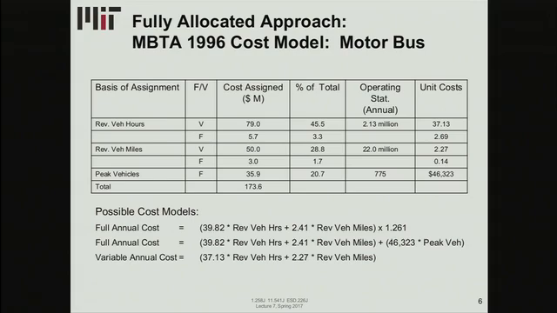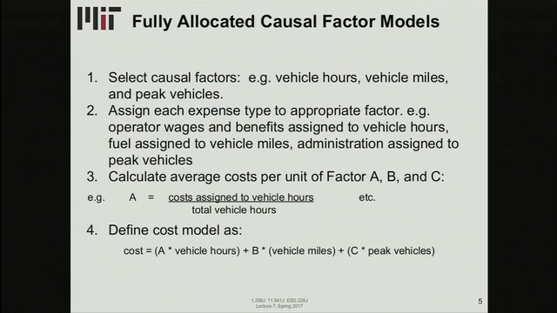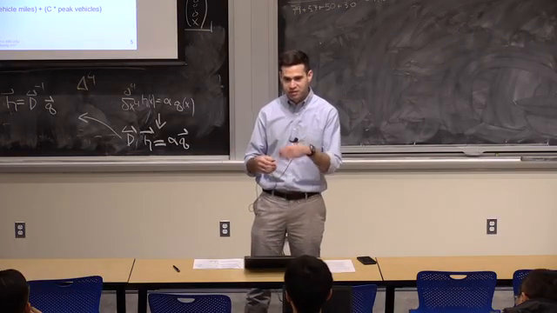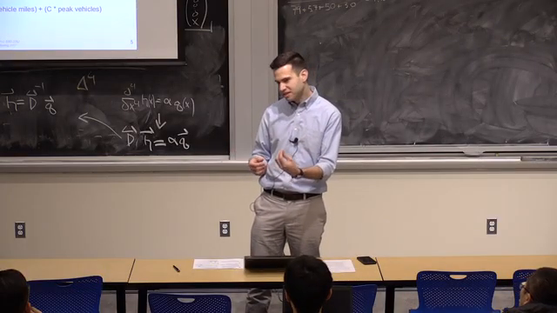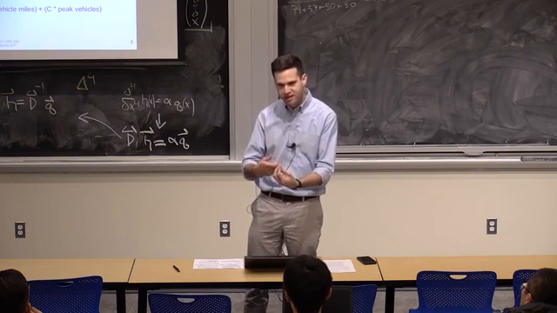Sure. Good? It goes back to, so the question is why does this model not adequately capture peak versus off-peak costs? So it goes back to this calculating average costs by factor, right? So these are averages. We're taking averages of all the vehicles at all times of day and dividing by explaining them with an explanatory variable that is not necessarily what is directly causing it, right?